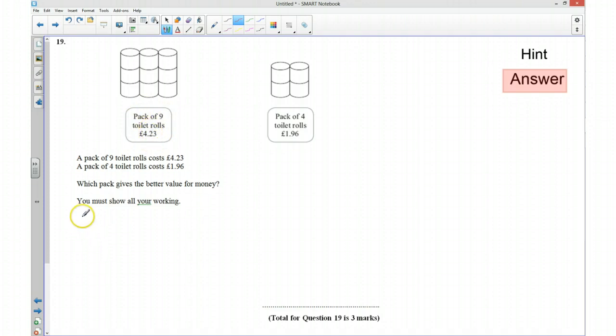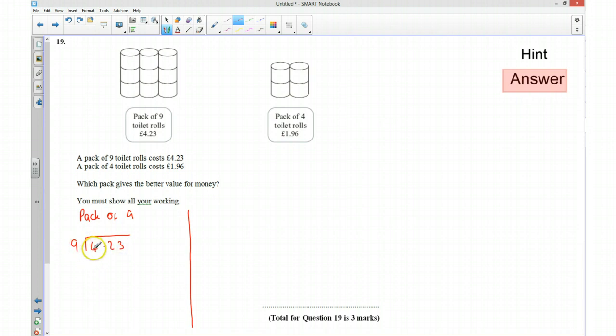So if we start by saying pack of 9 here. Okay, so for my pack of 9, I'm going to work out what one roll costs. So I'm going to do 9 into £4.23. So we can use our bus stop method again.